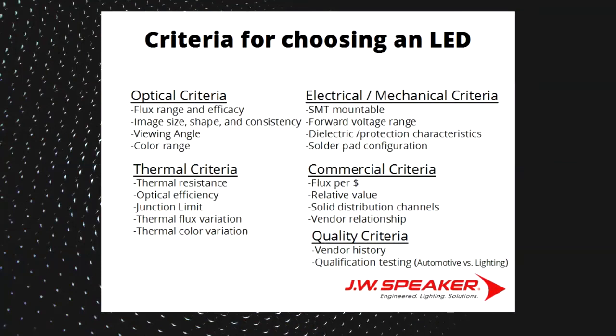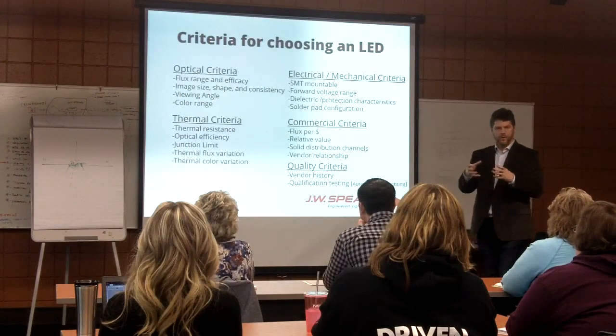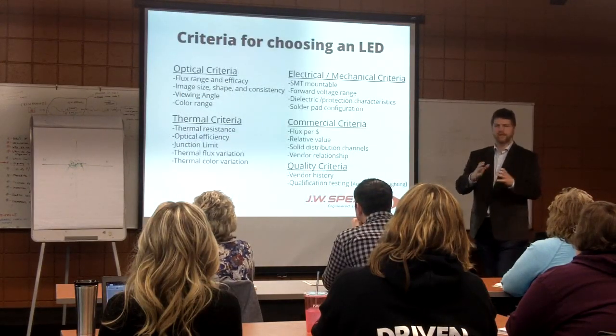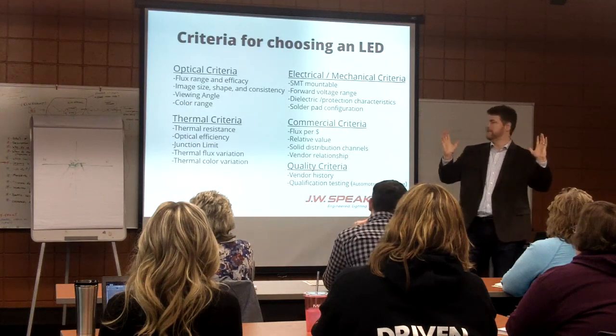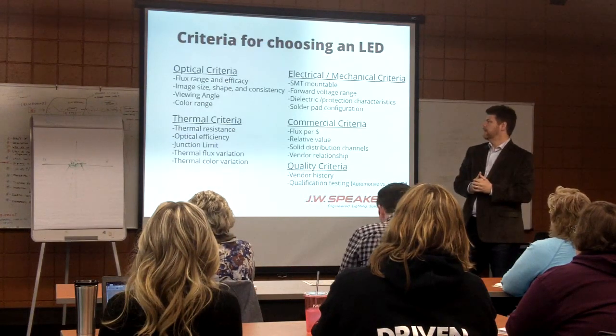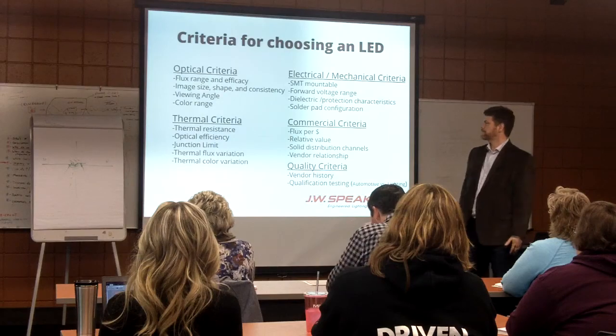So when we go to choose an LED, we're looking at optical criteria: the flux range and the efficacy, image size and shape and consistency, the viewing angle. In other words, if there's a dome or a lens on top of the LED, how the light is coming out of that LED, and then the color range as well.